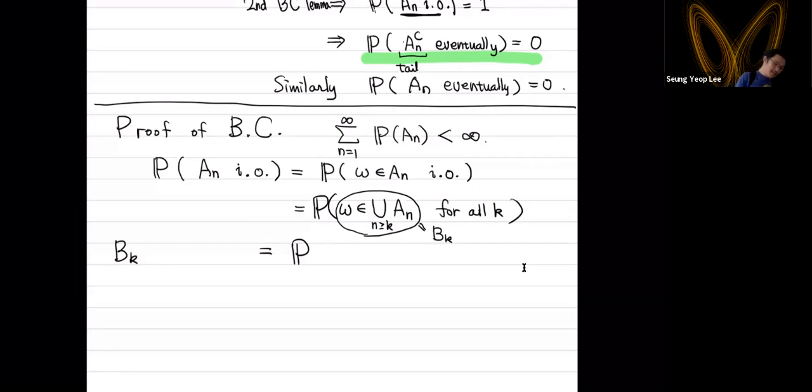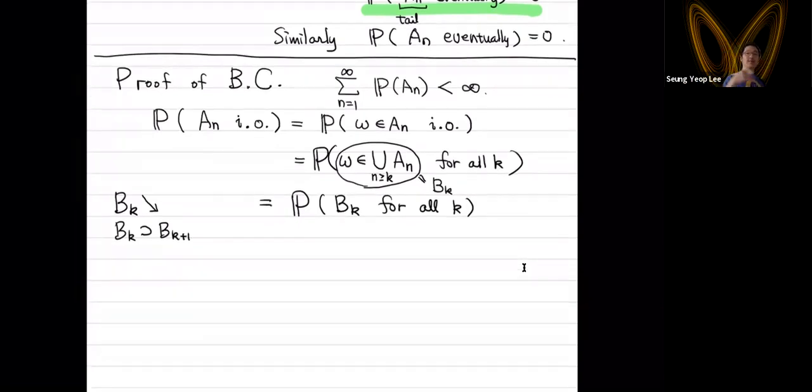So B_k is monotonically shrinking, which means B_k includes B_{k+1}, for all k.